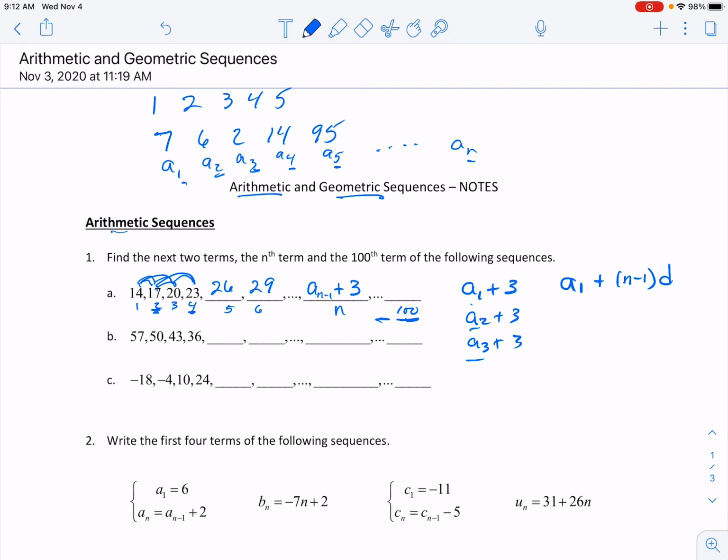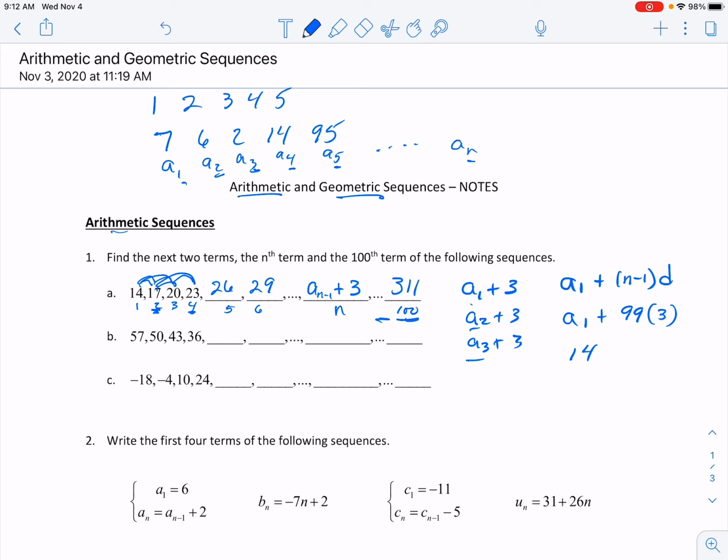So in this case, I would want 99 times 3, because 3 is what I'm adding every time. And what was my first term? 14. So I can get up my little handy-dandy calculator and figure that out. 14 plus 99 times 3 is 311.